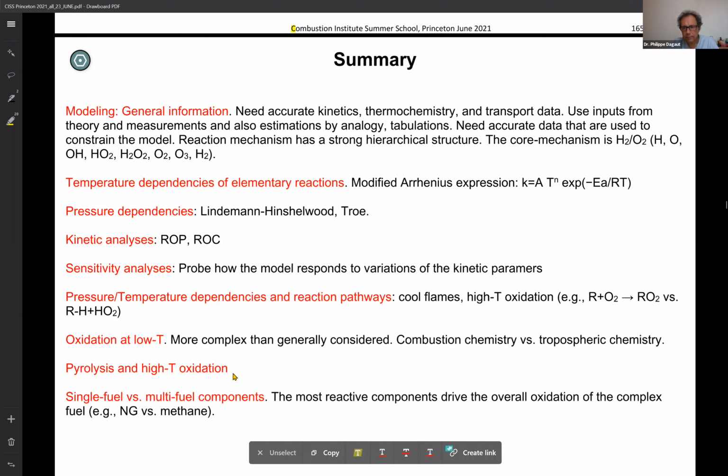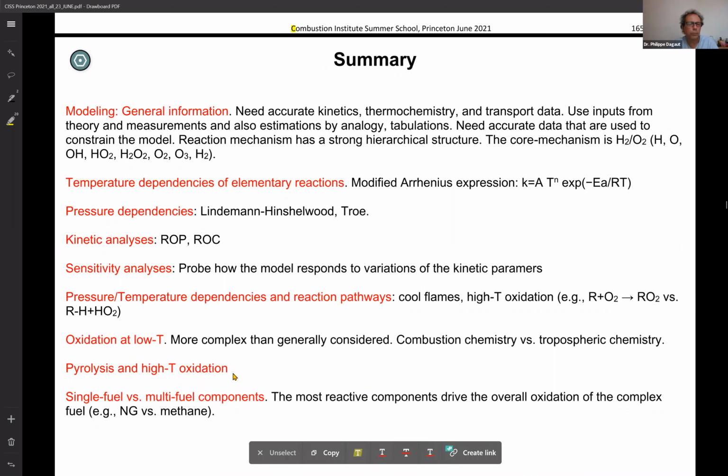So this is something very general, and we must keep in mind that having very reactive species in a mixture will initiate the oxidation of the others.